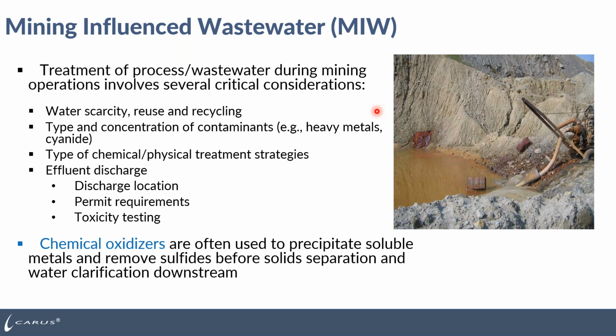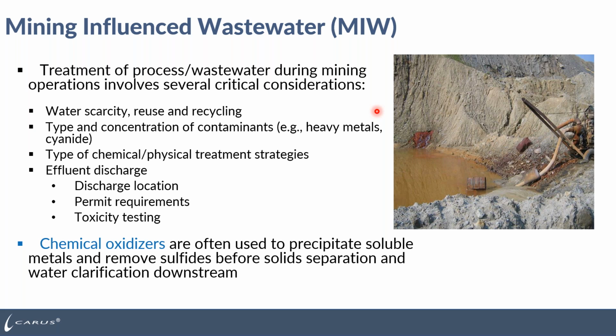So there are numerous factors to consider for the treatment of the wastewater or processed water produced during mining operations or remediation type activities. Some of these include water scarcity and the potential requirements for water reuse or recycling, the type and concentration of contaminants like heavy metals or cyanide, the type of chemical, physical, and engineering treatment strategies that are used, and the specifics of the effluent discharge such as the discharge location, whether that may be city water or local water bodies, any specific permit requirements, and also toxicity testing.